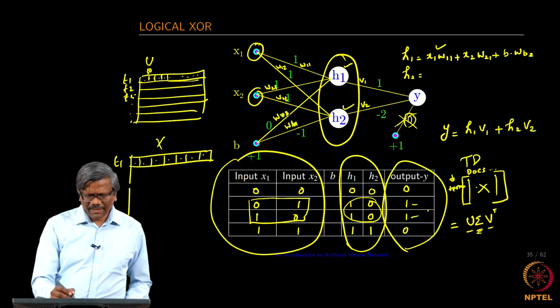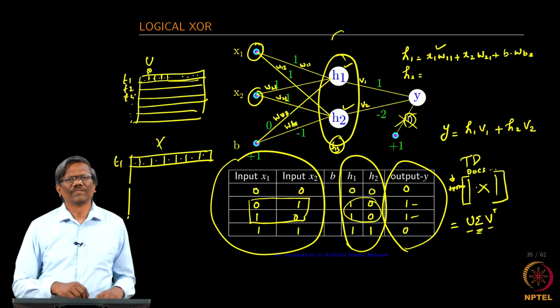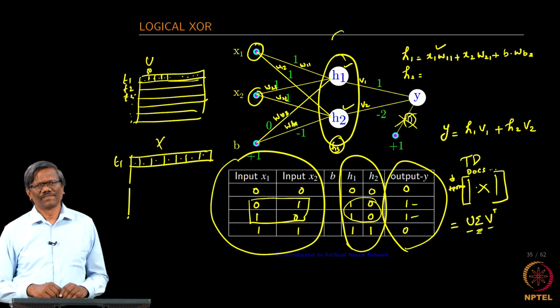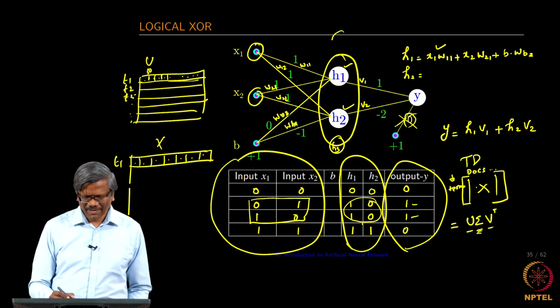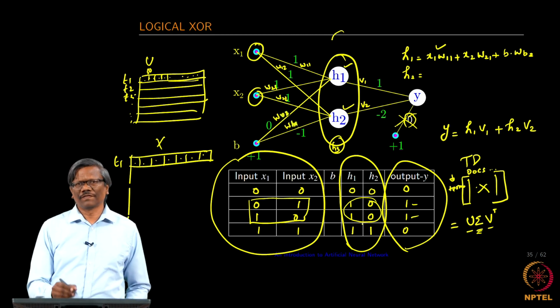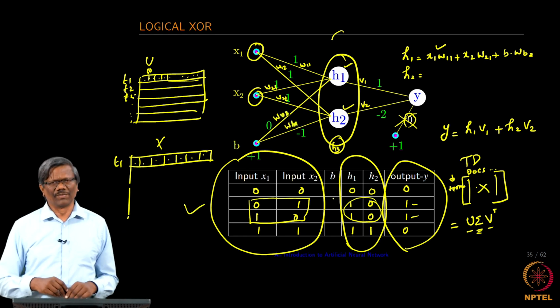So, what happens if I increase this by 1 more? How will this look, right. So, try to increase the count of the hidden neuron by 1 and then see what happens to this table. Okay. You see this, right.